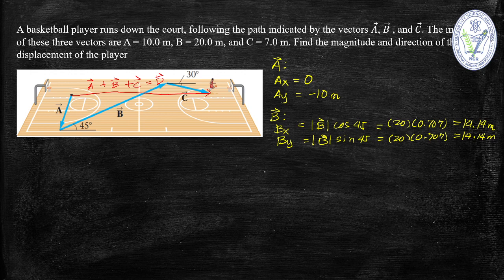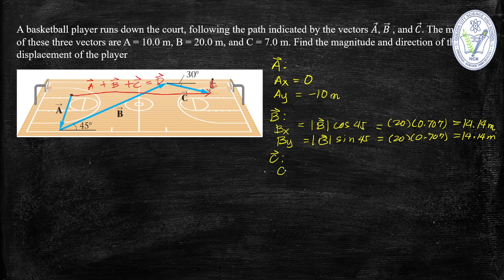Okay, now for vector C, based from the image, we could tell that this is along the fourth quadrant. If it is from the fourth quadrant, we could say that the x-axis is positive and the y-axis is negative.